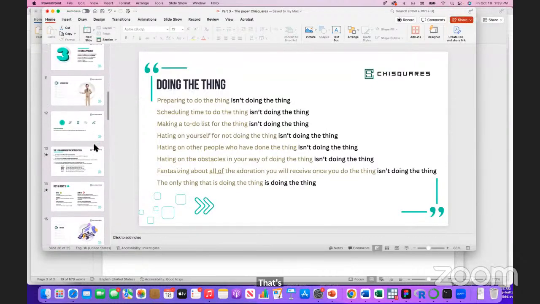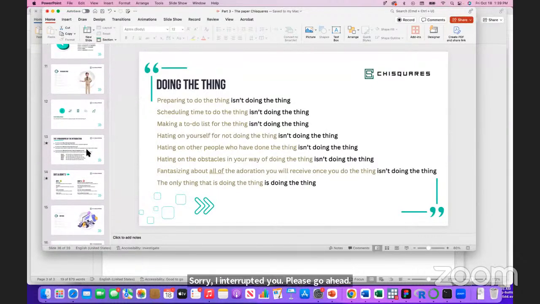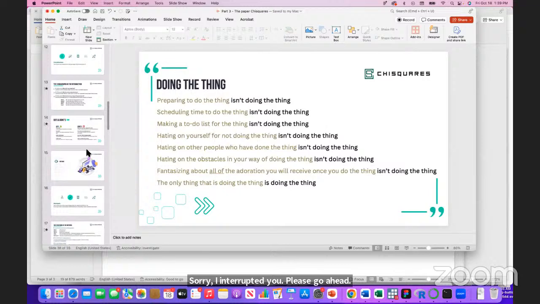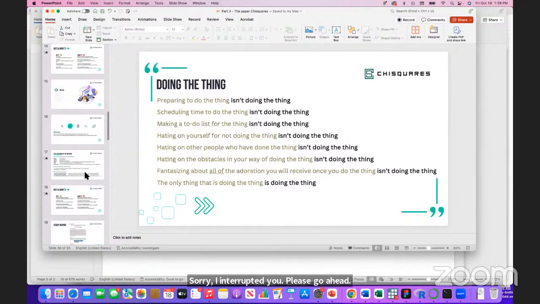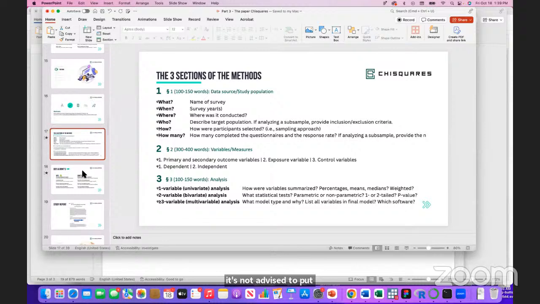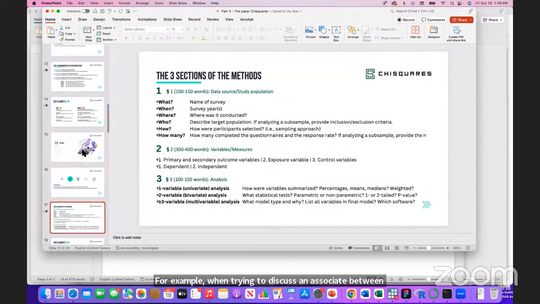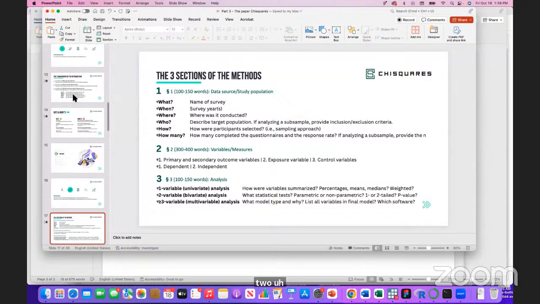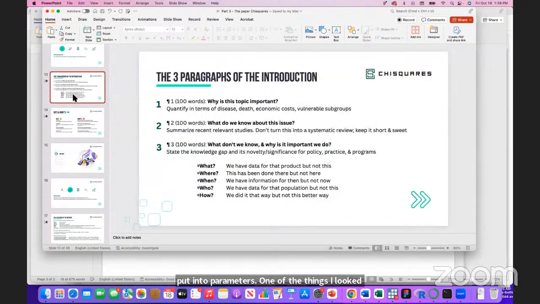That was my first question. The other question was regarding when you said it's not advised to put terms like nearly significant, for example, when trying to discuss an association between two parameters. One of the things I looked at in my research was something I thought would be an association, but in previous research, the p-value wasn't less than 0.05, it was just above it.